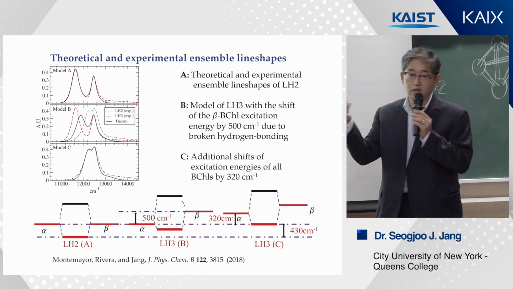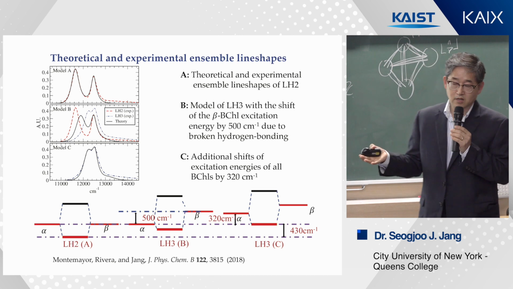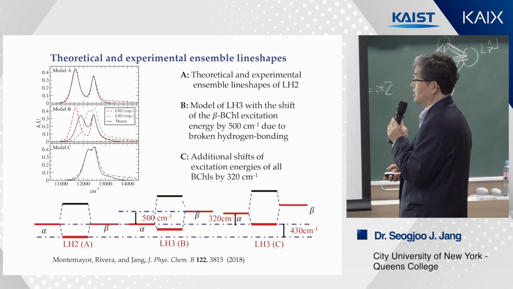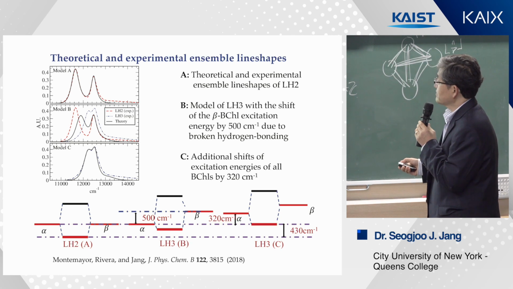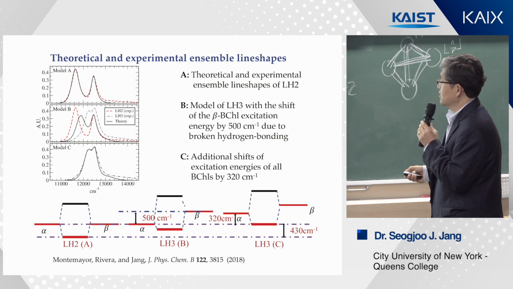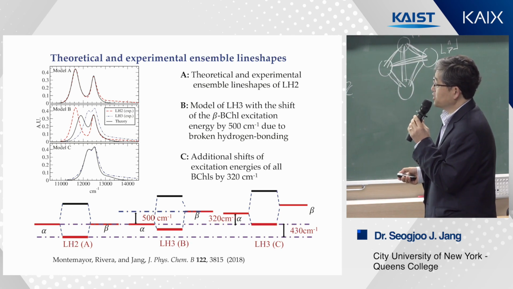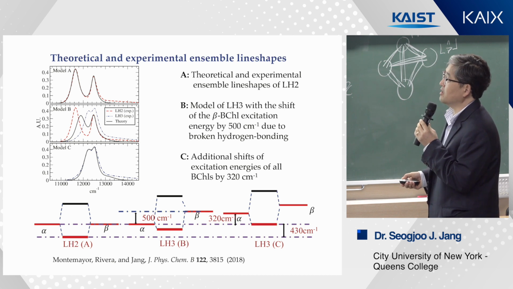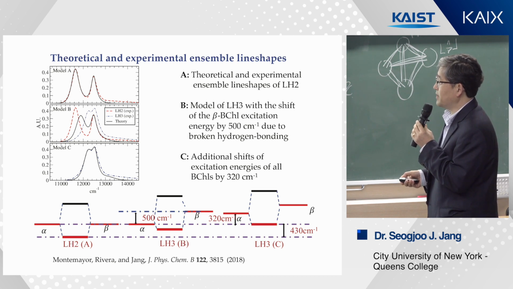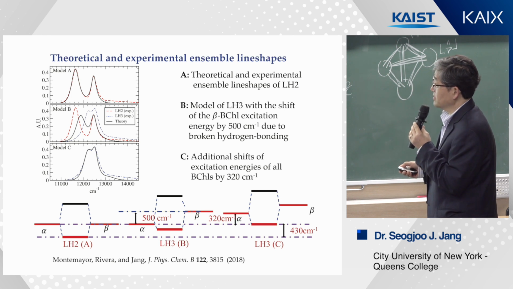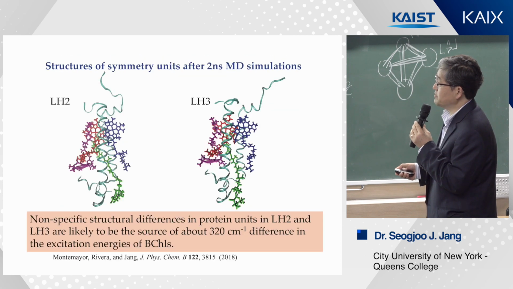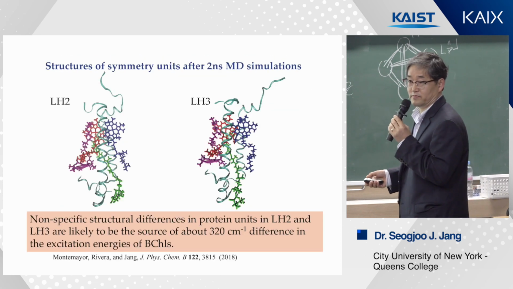After tinkering with possible reasons and sources of the discrepancy, we came up with a reasonable explanation: if we assume that for some reason all the excitation energies of both alpha and beta for LH3 are shifted up by about 300 wave numbers, then we are able to reproduce the experimental results.